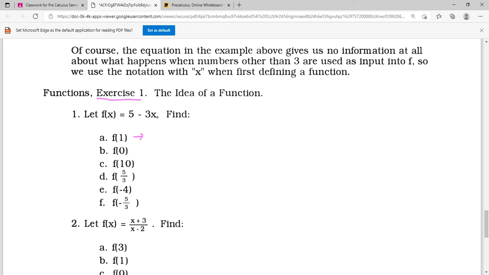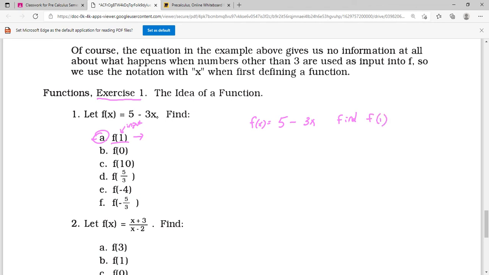So this one says, let f of x equal 5 minus 3x, and we're supposed to find, for a, f of 1. So all I'm going to do is take this 1 as my input, and I'm going to find the output. So my function is f of x equals 5 minus 3x, and we have to find f of 1.